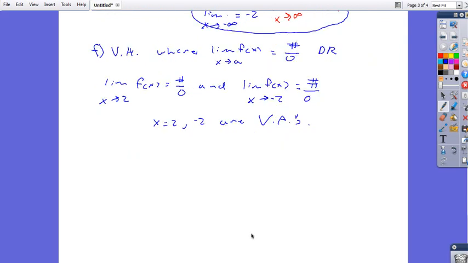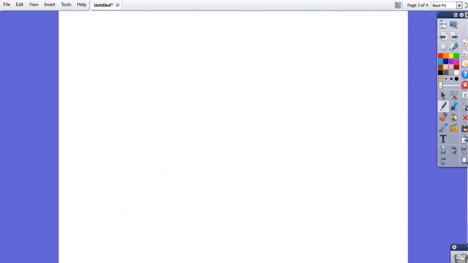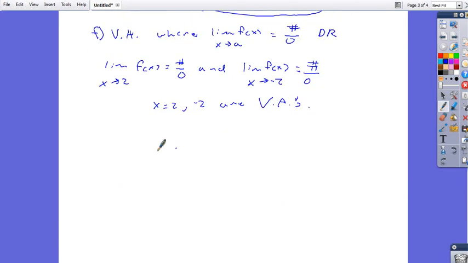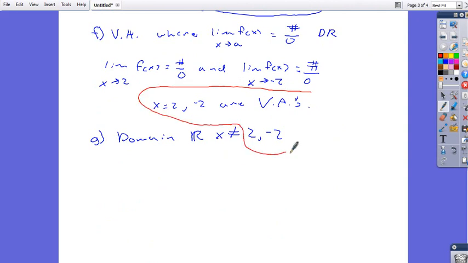So your domain is all real numbers, but x cannot equal 2 and negative 2. How do I know this? Well, you found the vertical asymptotes up here, right? It's not a function of the vertical asymptotes.